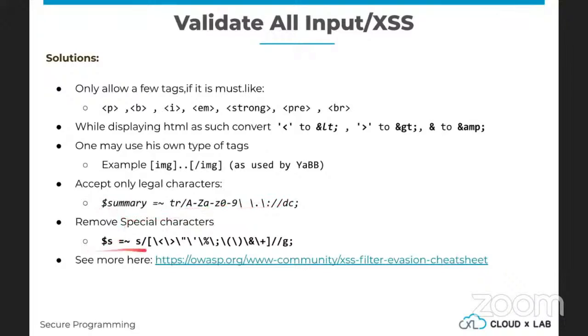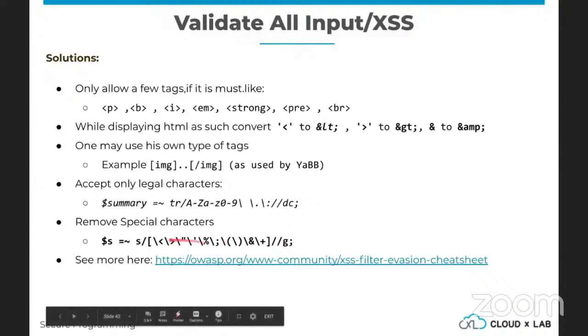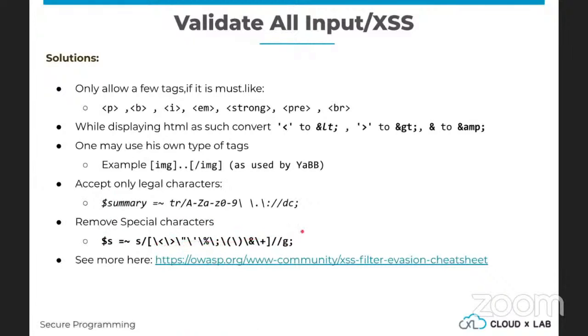Also, if you want, you can first remove the special characters and then accept only the legal characters. Though I have mentioned it here, do not follow it so easily. Instead, just accept only the legal characters. And in legal characters, if you find that there are some special characters that you need to explicitly remove, then you can use this part. Here is the list of cross-site scripting attacks in more detail.